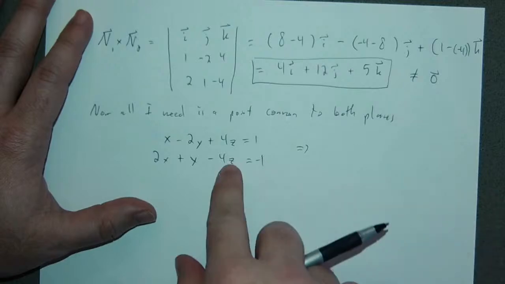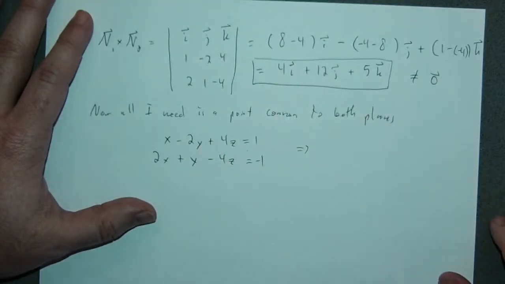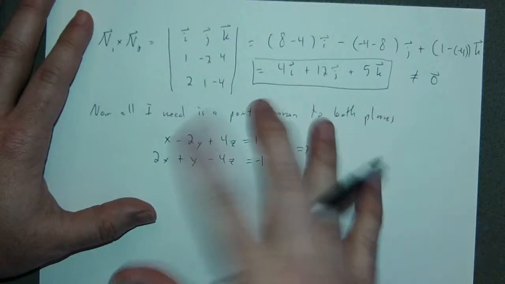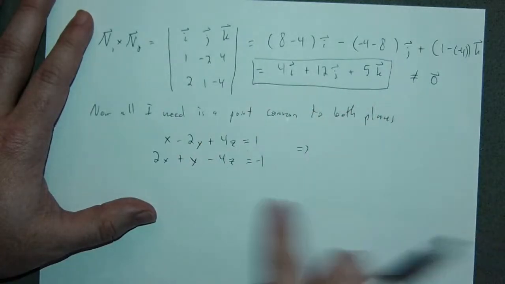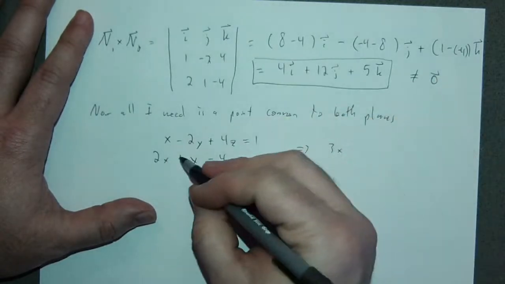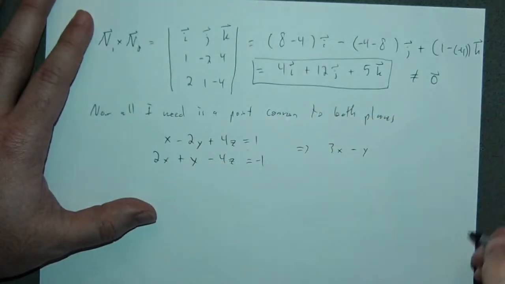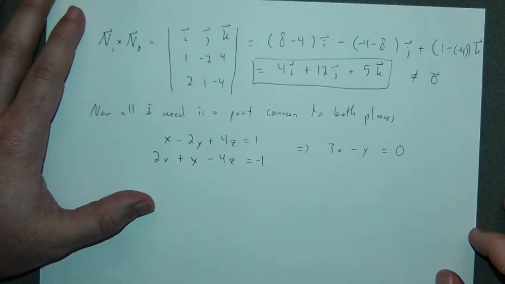Of course, I could also just fix z, right? I don't have to add these. I could fix z to be something and solve the resulting equation. So there's a number of things I could do here. I'm going to add both of these, and what I get is 3x minus y is equal to 0, right?